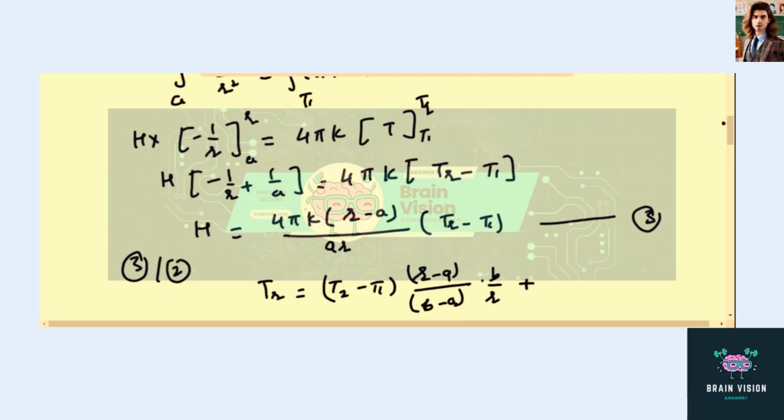Dividing equation 3 and 2, you will get Tr to be equal to T2 minus T1 into r minus a over b minus a into b upon r plus T1. So this is the required answer for part B.